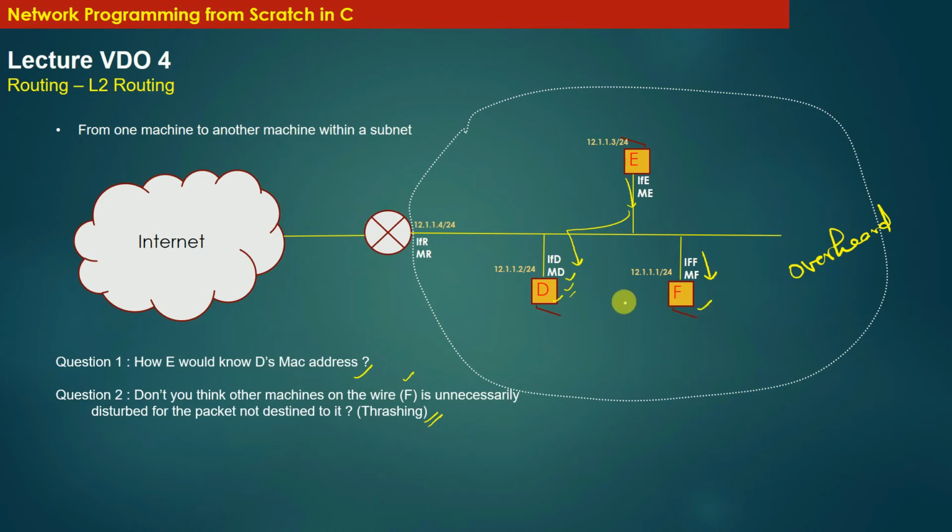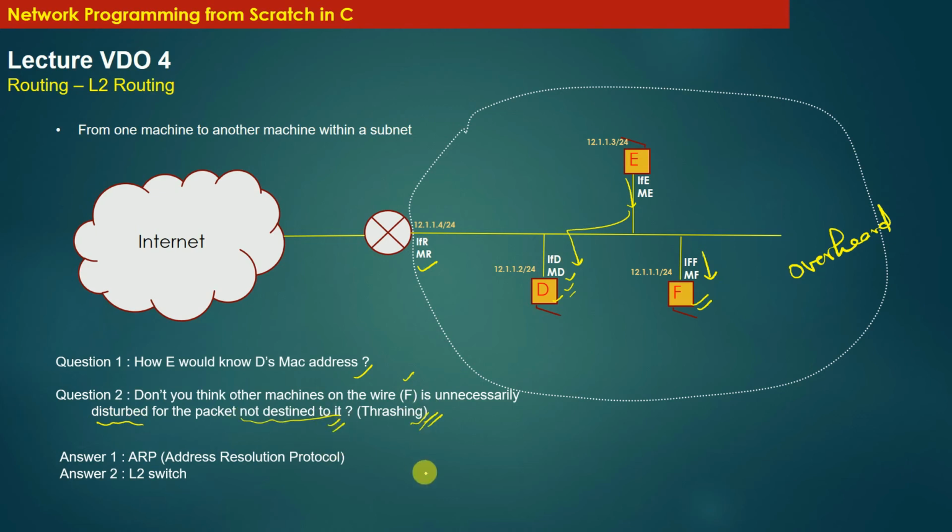But both of them will reject the packet as per the criteria. So they are unnecessarily disturbed for a packet not destined to them, and this is called thrashing.